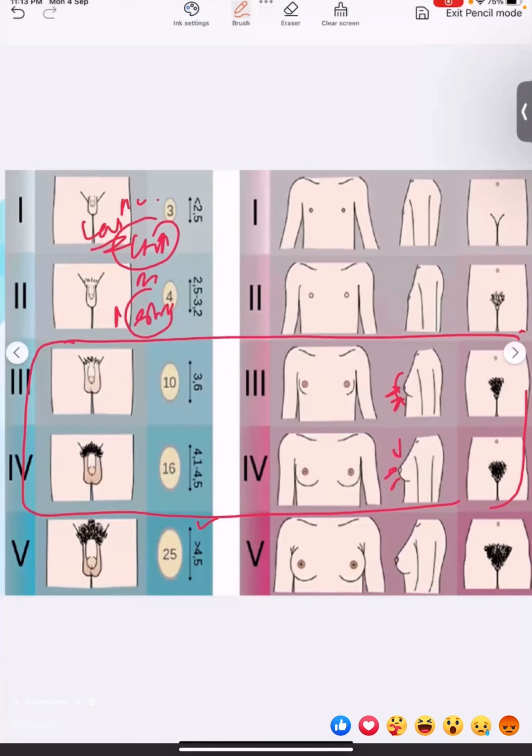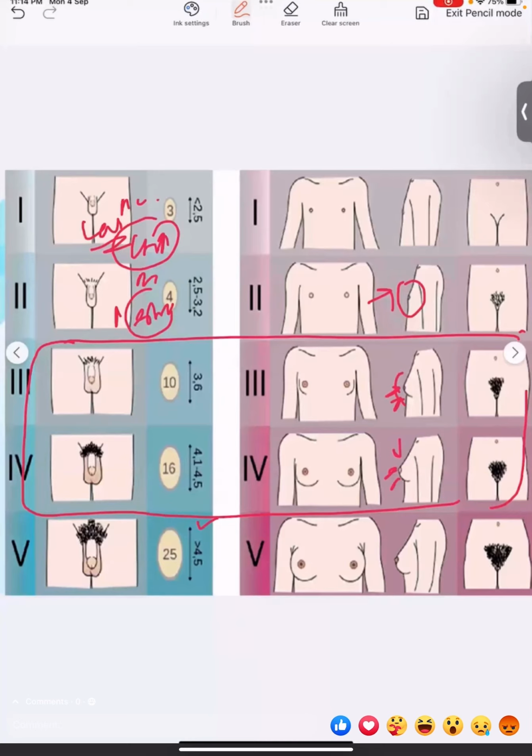If it is a benign variant premature thelarche, just these breast symptoms will be present, with no signs and symptoms in the vaginal area. Clear?